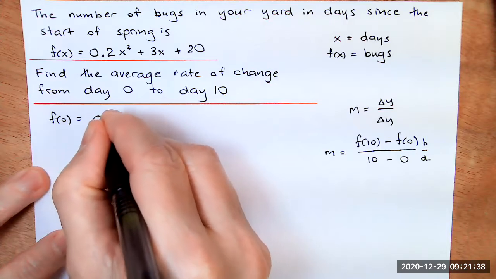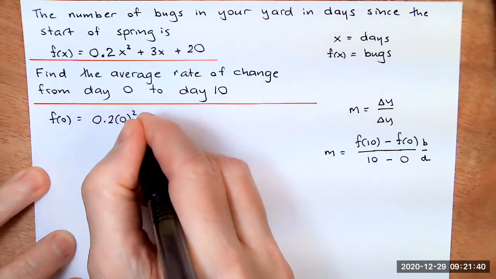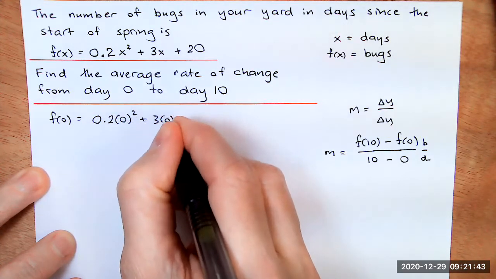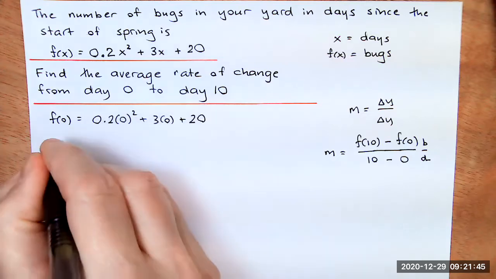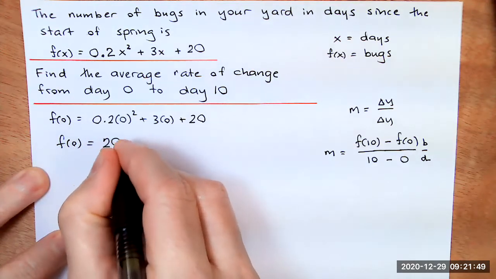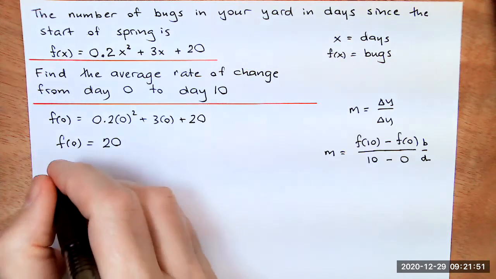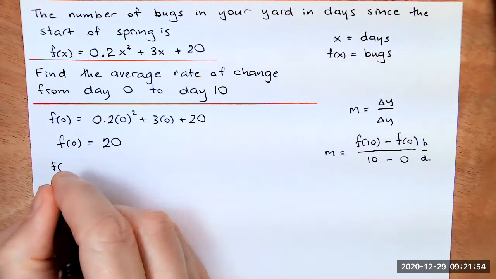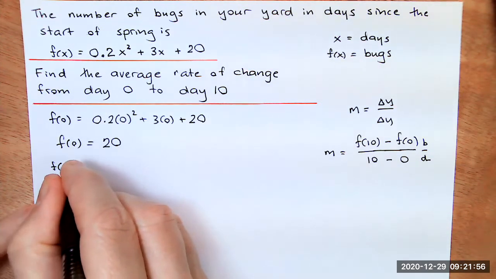I plug 0 in. On day 0, there are 20 bugs. And we plug in 10.